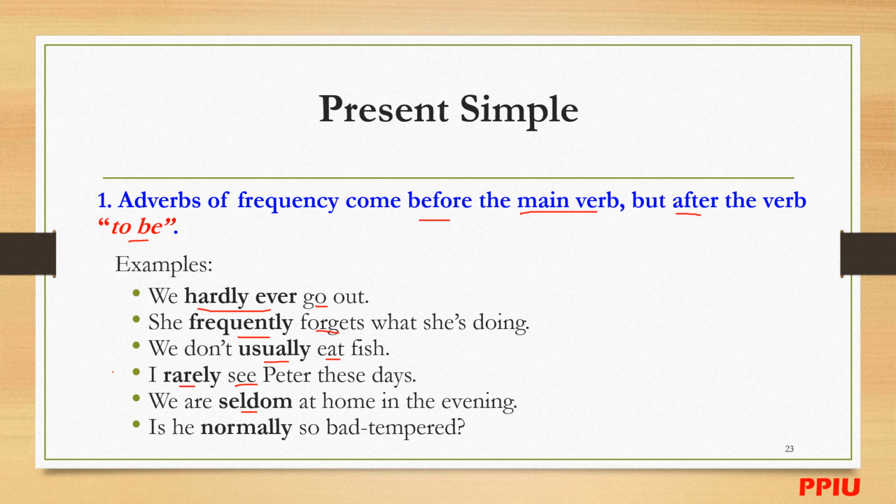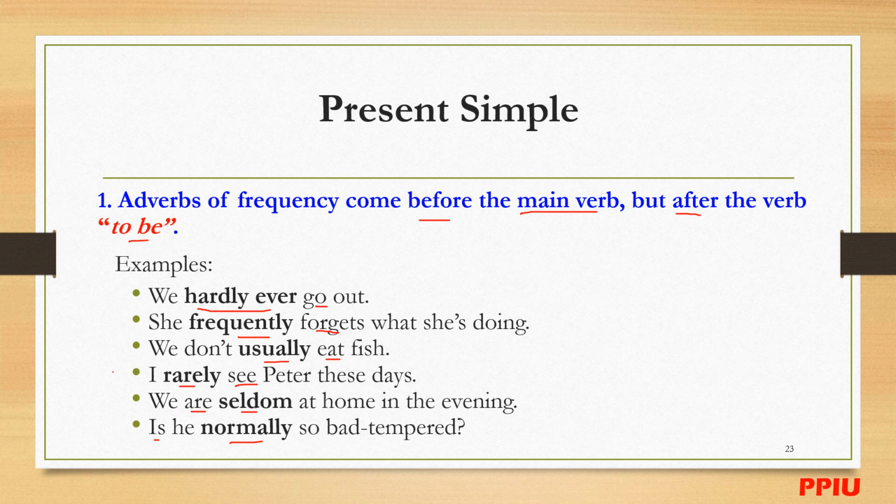No, the main verb is to be, so the adverb of frequency is placed after the verb to be. "Is he normally so bad-tempered?" Normally is the adverb of frequency, and is is the verb to be. I hope you understand bad-tempered: angry for no reason, in a bad mood, complaining all the time.